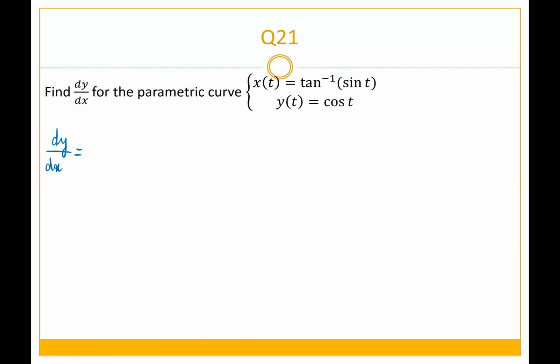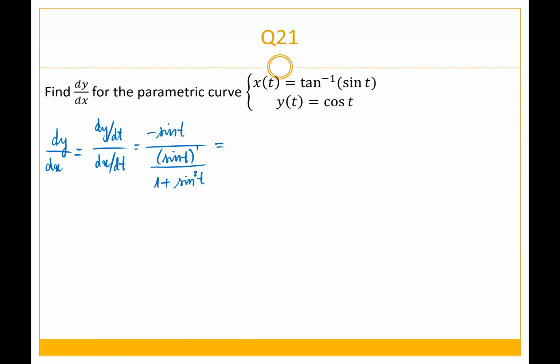Okay. So you're going to have that equal dy over dt divided by dx over dt, which is going to give us negative sine t, which is the derivative of cosine t, over the derivative of inverse tangent of sine t, which is cosine t over 1 plus sine squared t.